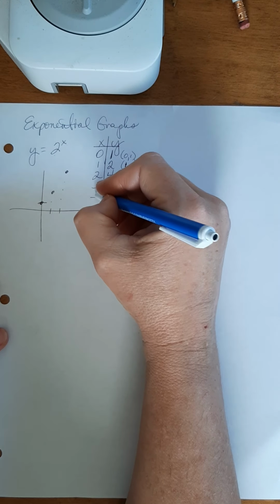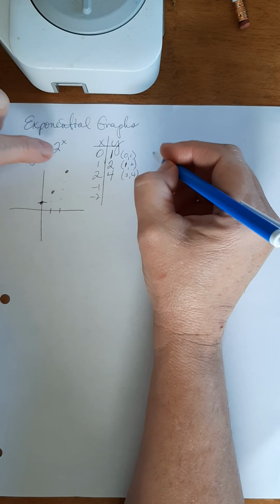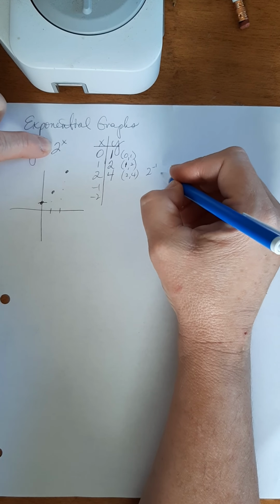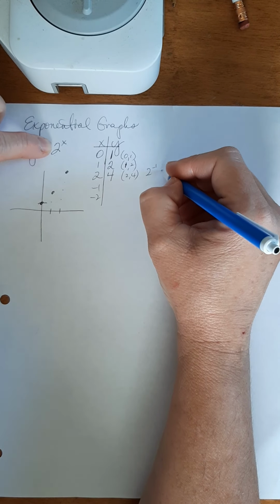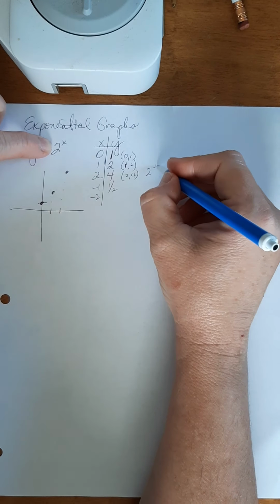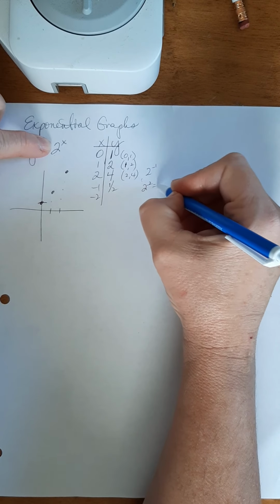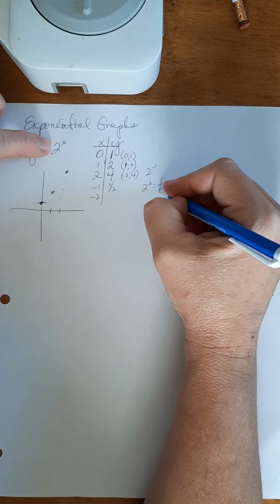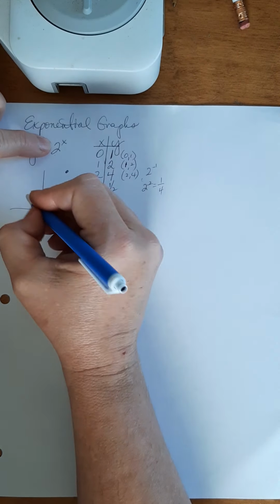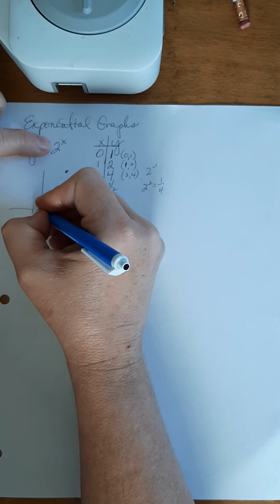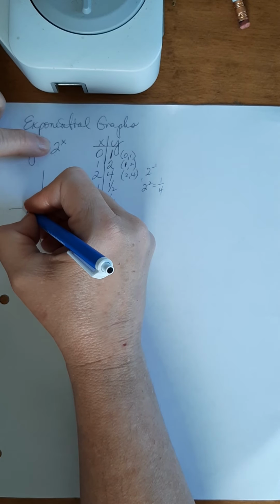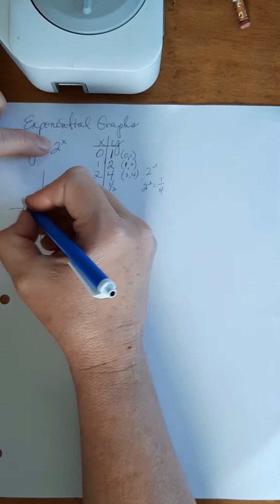And let's say you're wondering what's going on over here. Well, let's plug in -1 and -2 if you want. 2 to the -1, remember, a negative exponent means flip it, so a half. 2 to the -2 is 1 over 2 squared, 1/4. So at -1 we're at a half, and at -2 we're at a fourth.